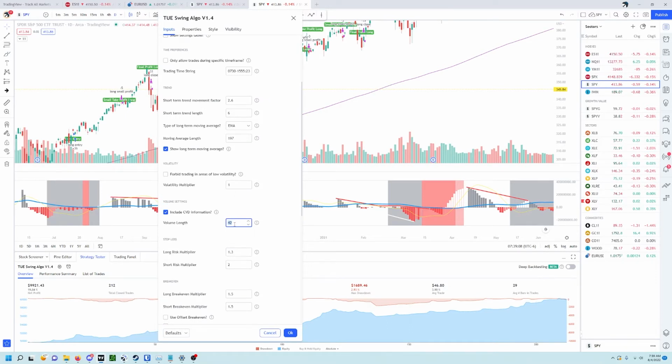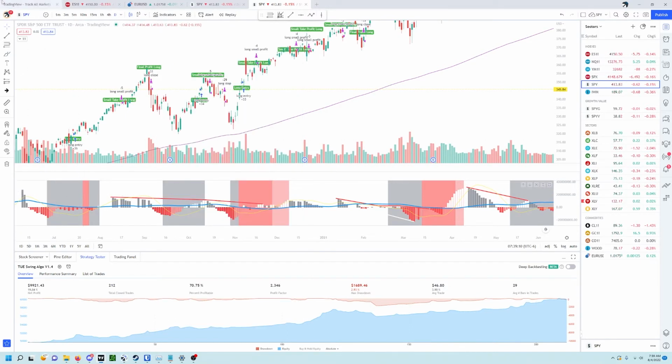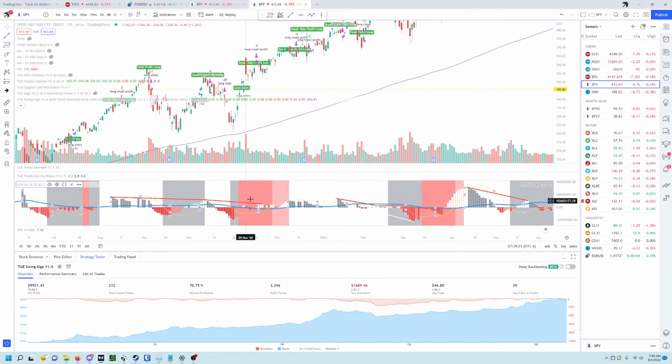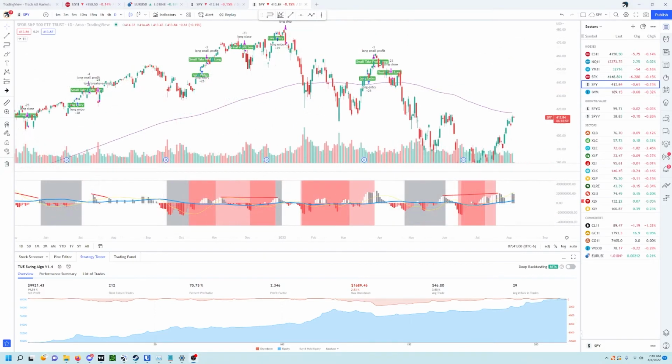Now let's match our numbers. We can see 42 is what we have up in the algo, so make sure this is set to 42. It corresponds to the fast moving average length. All right, now that we've set those to match, you can see what it's doing.